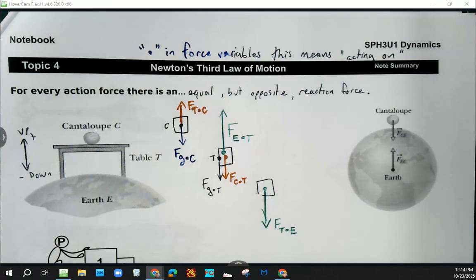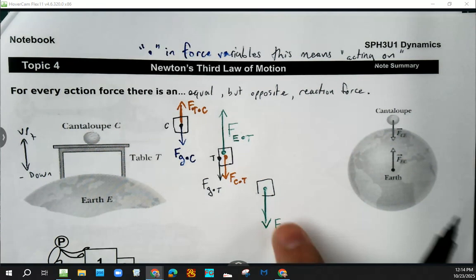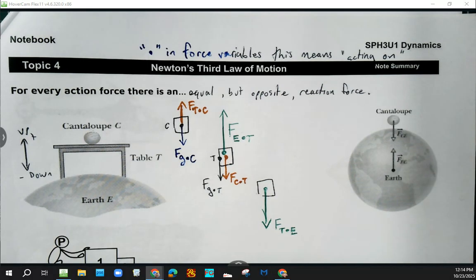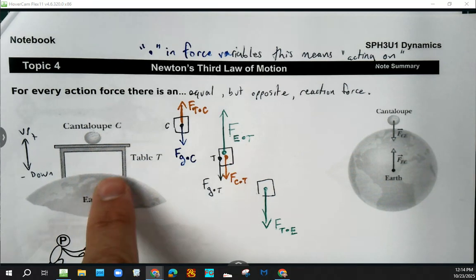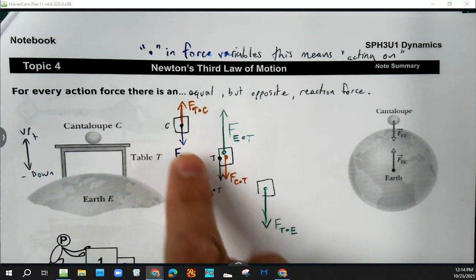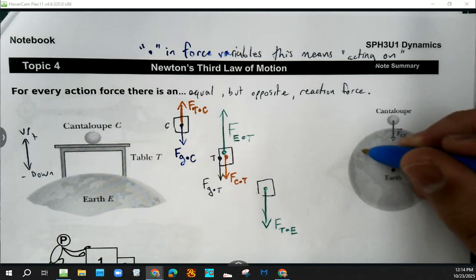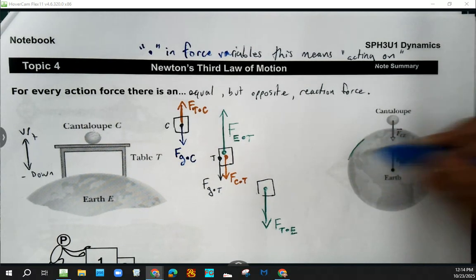Now, the thing is, when I look at this Earth, I think, well, wait a minute, why doesn't the Earth fall down out of the sky? That's kind of a question that I don't really love addressing. It turns out that it's a really good approach to have a nice free body diagram of the cantaloupe, of the table. Can we just acknowledge that the Earth isn't just like one object, really?